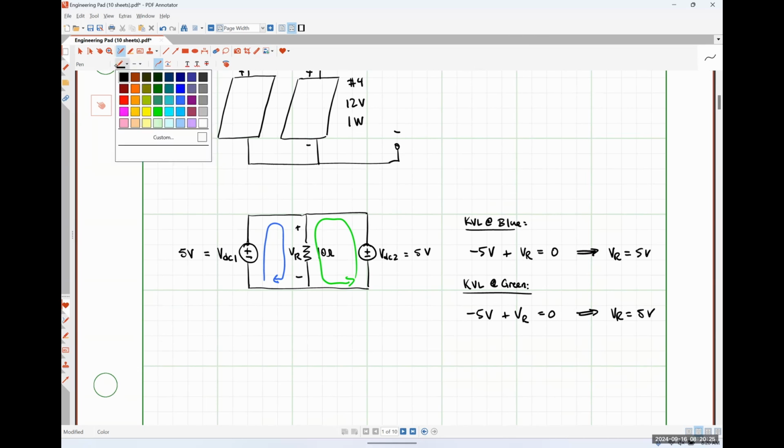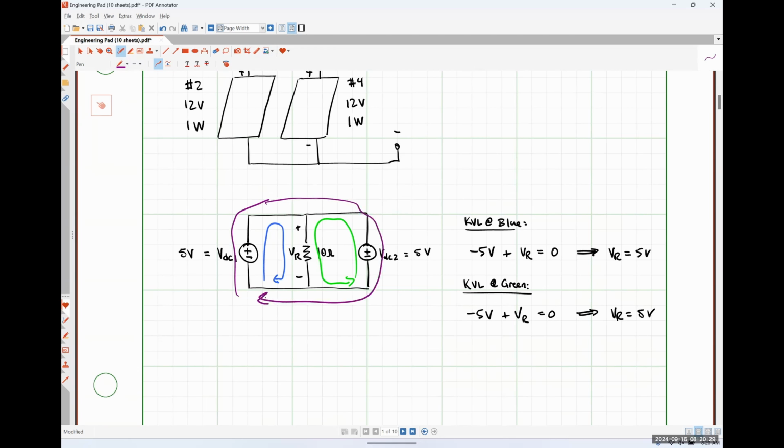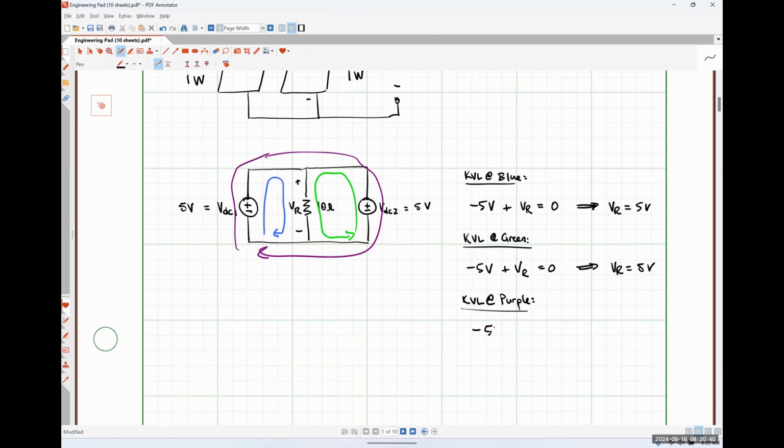And lastly, I could do KVL around the outside like this. And I would have negative 5 volts plus 5 volts is equal to 0. All three of these check out, make sense under the context of Kirchhoff's voltage law and what we know.